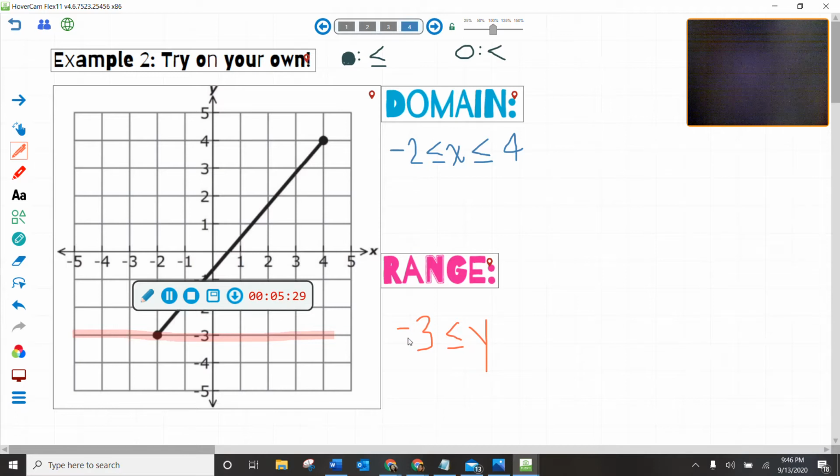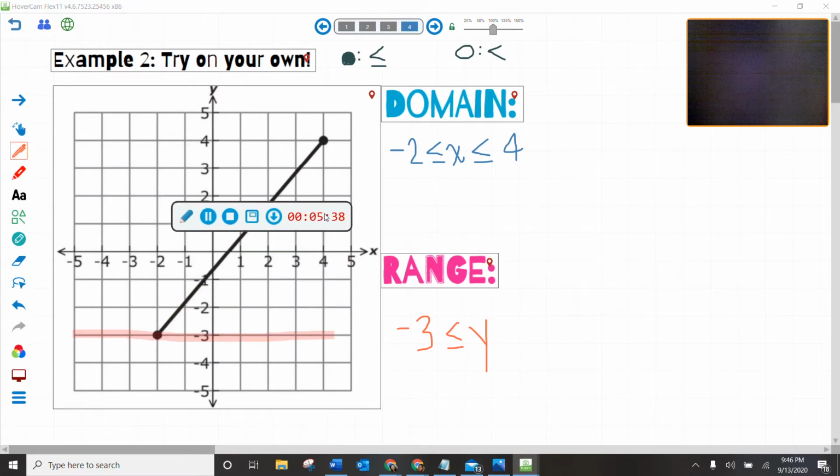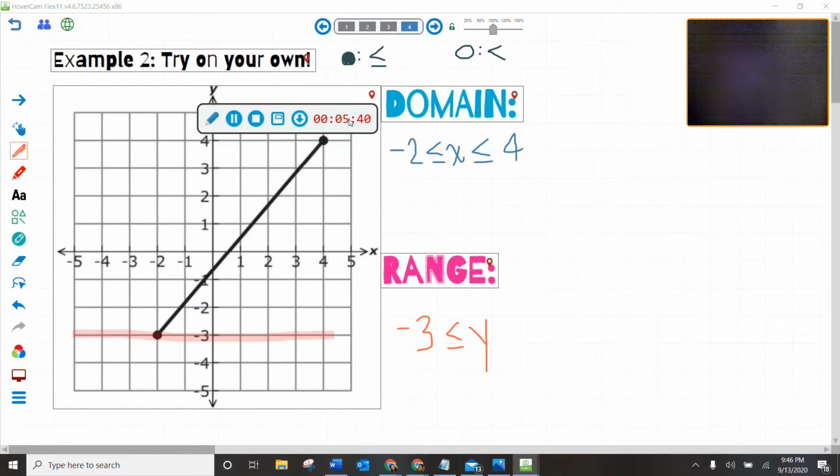So right now I'm talking about all the values starting at -3, and we're going to move it on up. So we're just following this all the way up until we reach the very top. So let's highlight that. And oh, hey, that was nice. I gave you another solid dot there at +4, it looks like. Now, because it's a solid dot, again, I would say it is inclusive.